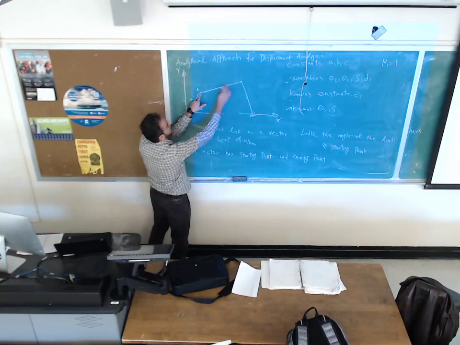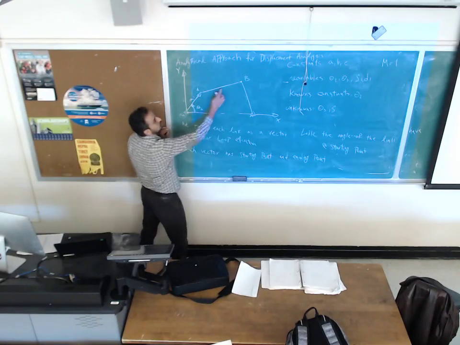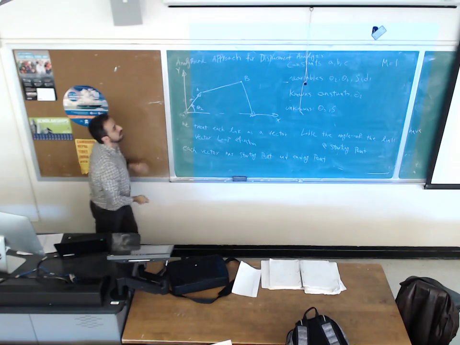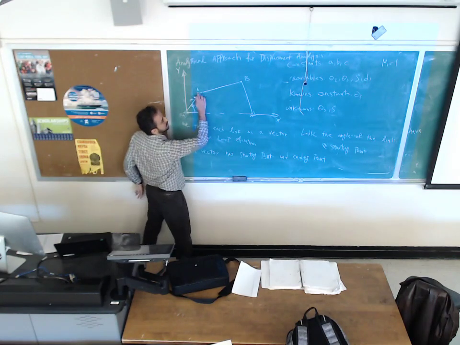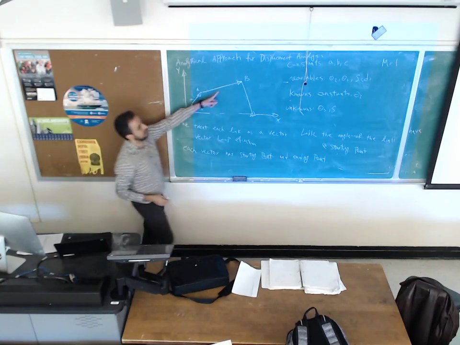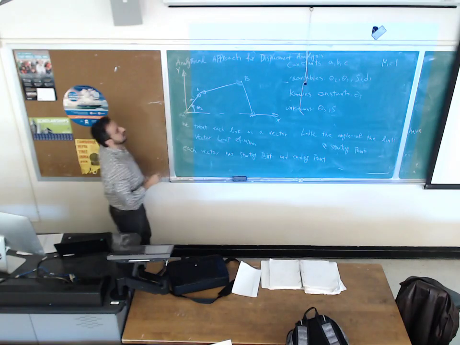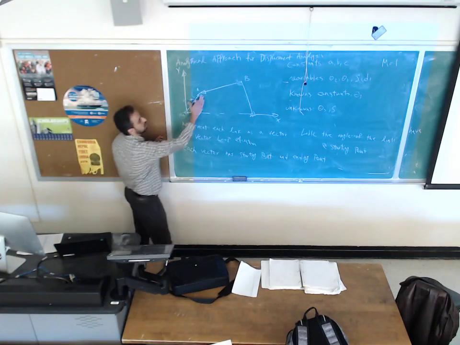Link 3, I can either pick point A as a starting point or point B as a starting point. If I pick point A as a starting point, point B is gonna be the ending point, arrow goes this way. If you do the vice versa, you go in this way. It doesn't matter which way you go.